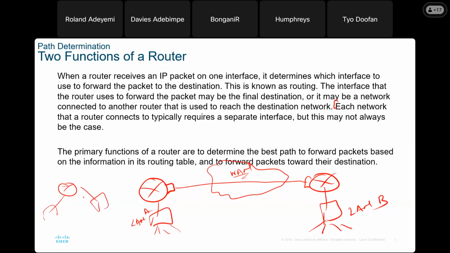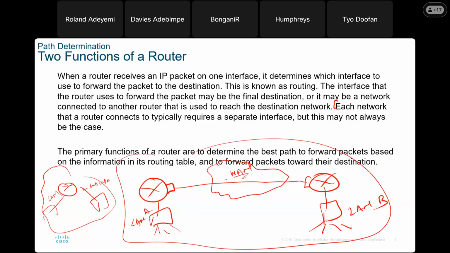They are both in the same environment. We say LAN A, we say LAN B, so they are together in the same environment. But this other one, they are not together in the same environment. It could be in different states, different cities, or different countries. And that is what we call a wide area network. So you need to understand that between two routers is a network.